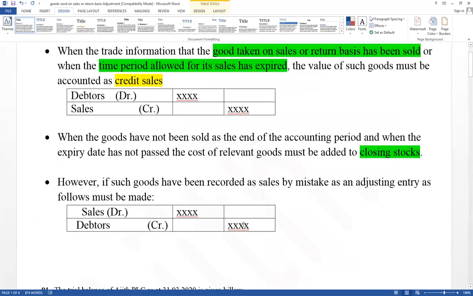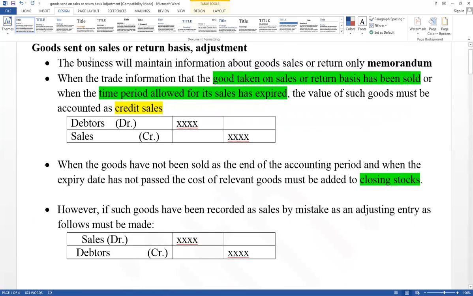Goods could be sent on sale or return basis. This is the theory. Think about it: this is one of the selling methods. At the time of sending on sale or return basis, from the business point of view it should not be recorded in the ledger accounts. You just have to write a note for that.